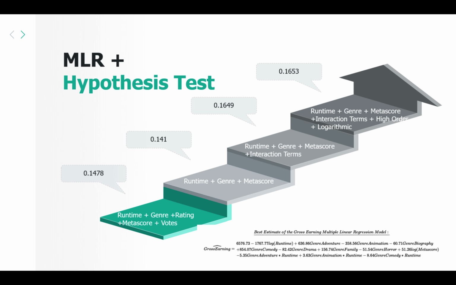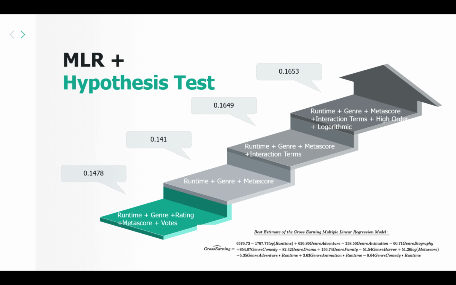So to start with this model, we're going to use all the 5 variables we have, which include runtime, movie type, rating, Metascore, and how many votes we have. As you can see on the screen, to start the model, we only have the adjusted R-squared as 0.1478, which isn't great.